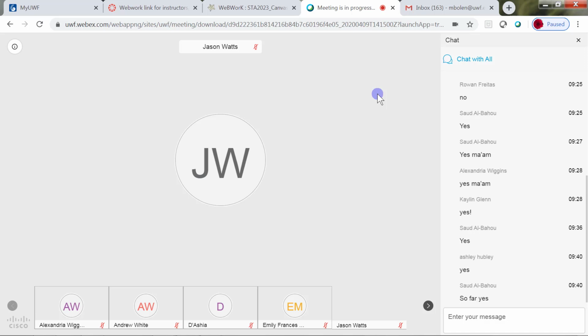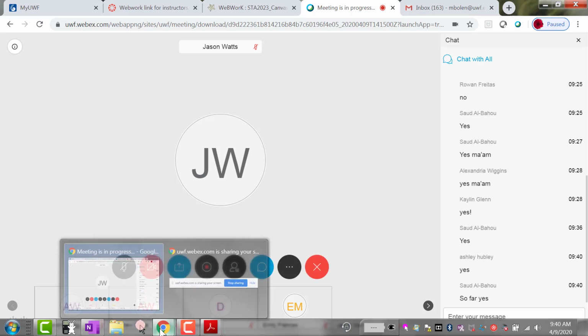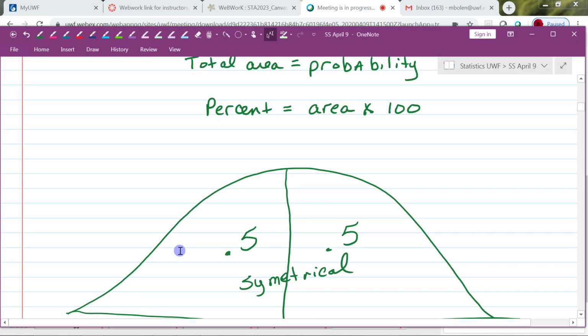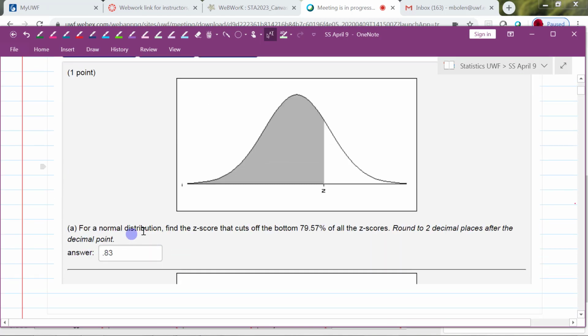Okay, great. Now, your question here says, find the z-score for a normal distribution that cuts off the bottom 79.57% of all z-scores. Round to 2 decimal places after the decimal point. Now remember that this in here is area. And according to your actual problem, the area is 79.57%.